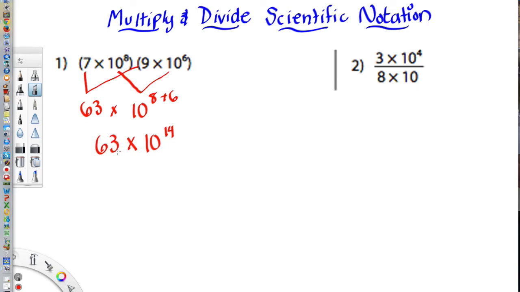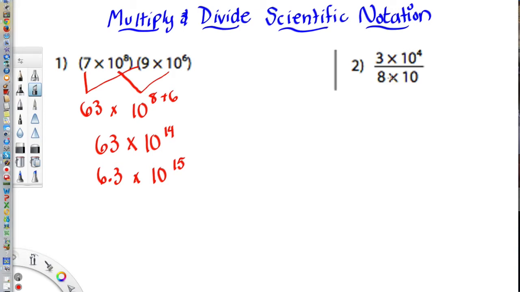It's greater than 10. So we have to make it somewhere between 1 and 10. So that would be 6.3. And if I do that, I'm going to have to increase my exponent by 1, because now I need to bump the decimal point one place over to get it to be 63, and then 14 more times. And that's our final answer.